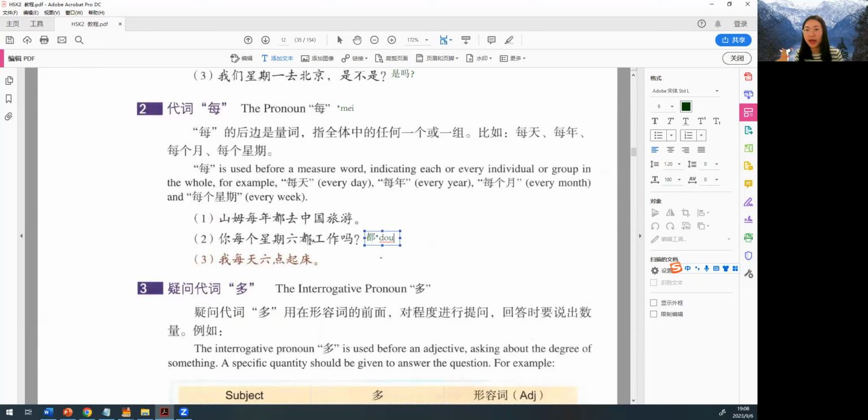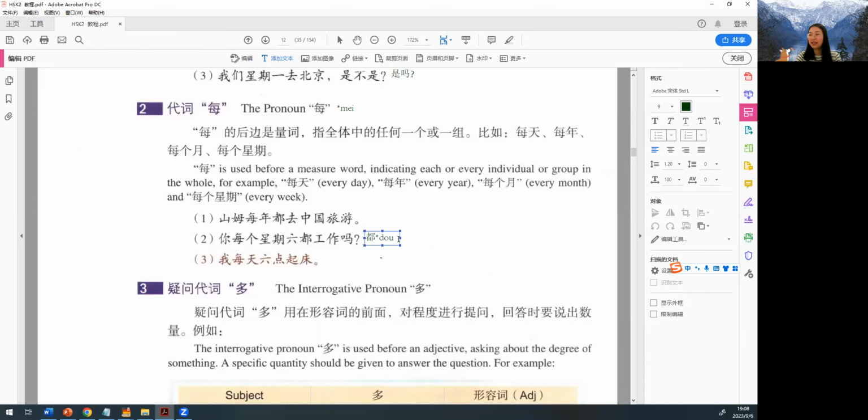So it will have such a feeling, and it's very good if we can add a 都 when we want to express this feeling, it will make us speak more naturally as a native Chinese speaker. So that's why 都 is there.